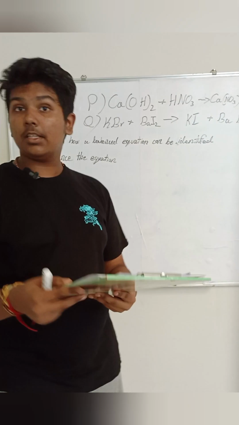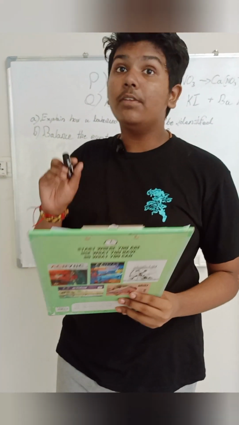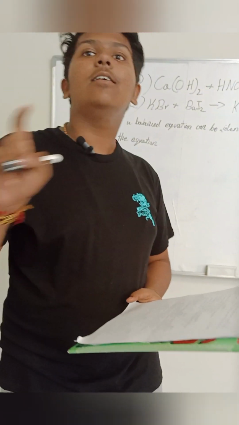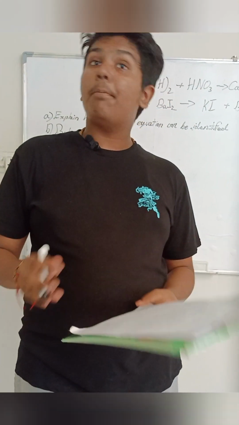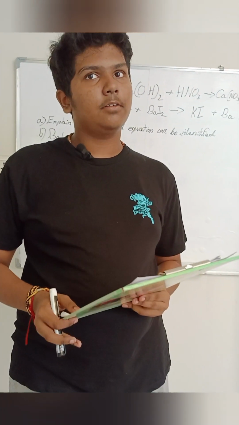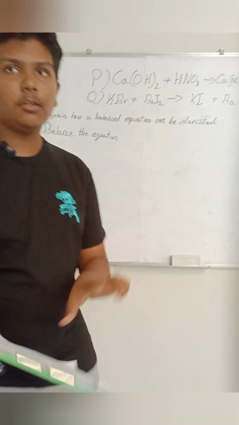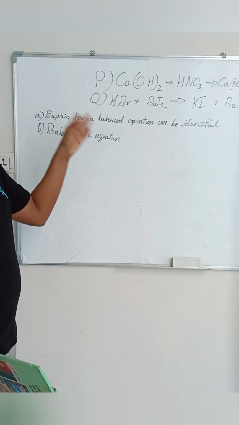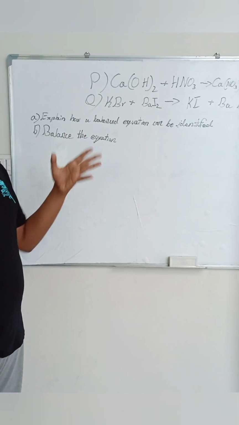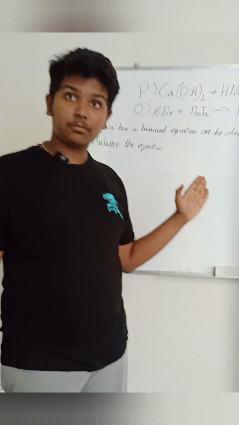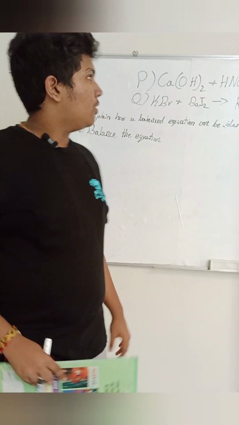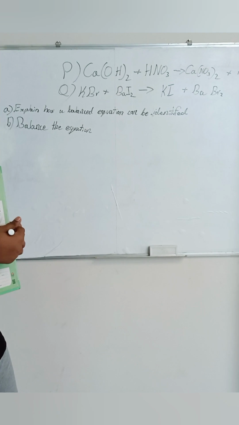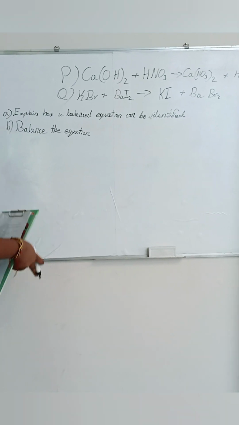The next question is, which of the two equations is or are not balanced? Balance the equation by rewriting. So, listen to me. Are they both balanced? No. So these two are not balanced. So how to balance this equation?